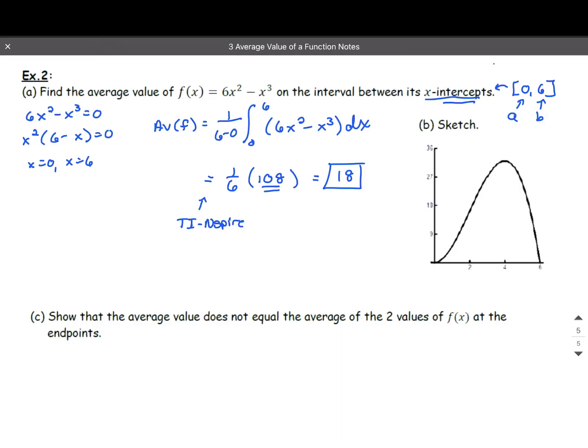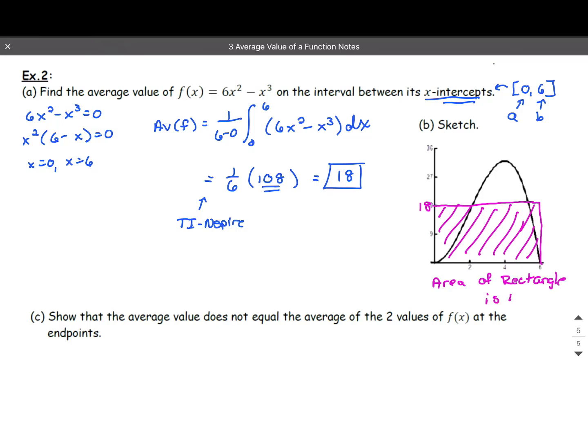Okay, so now we're going to sketch what this average value means. So we're going to find where the height is 18, and we're going from the interval from 0 to 6. Now this rectangle has the same area as the definite integral. That's what it means, that the area of this rectangle is 108.